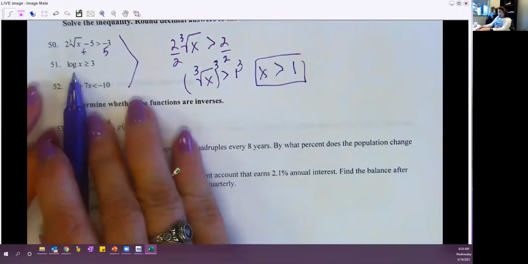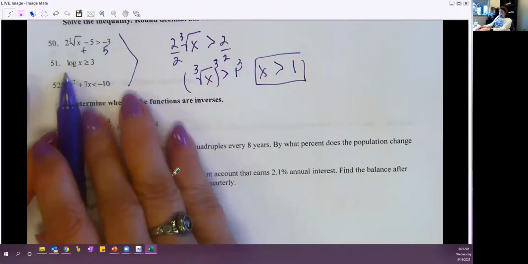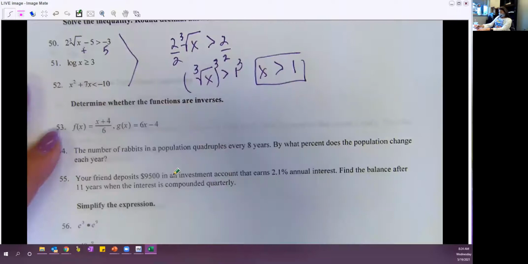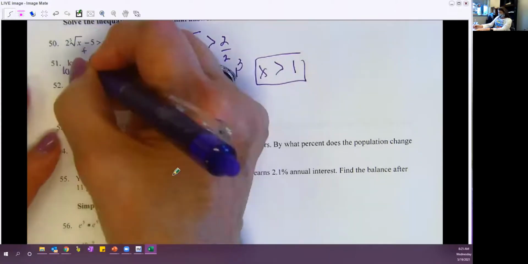For the log, in order to get the x out of the log, this is where we use exponentiation, which is what we talked about yesterday. When there's no base written, it's the common log, which is base 10. So we have to put a 10 here and a 10 here.